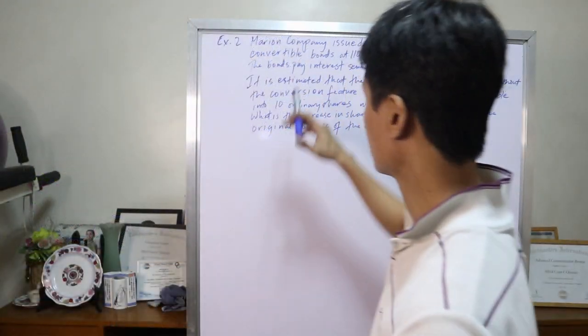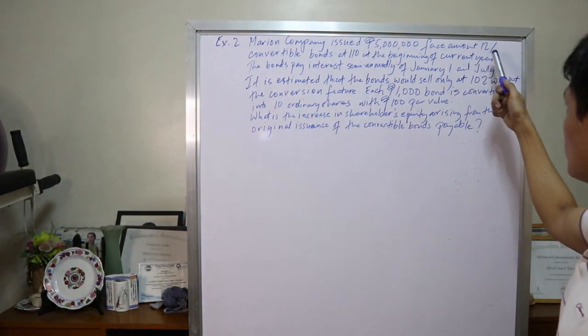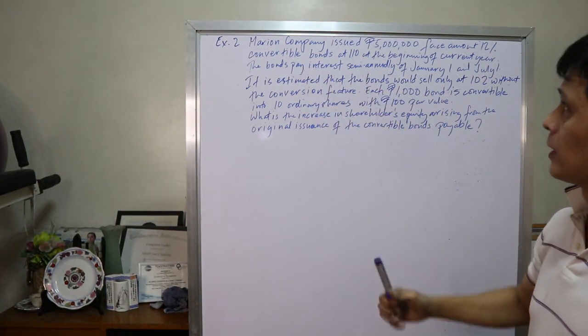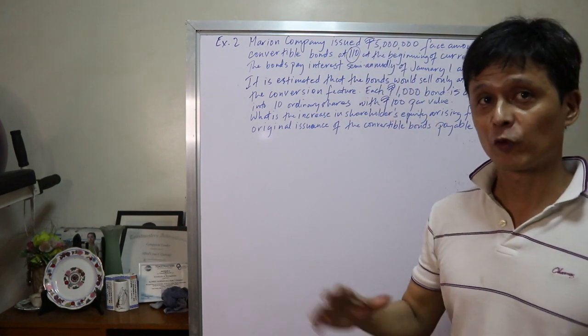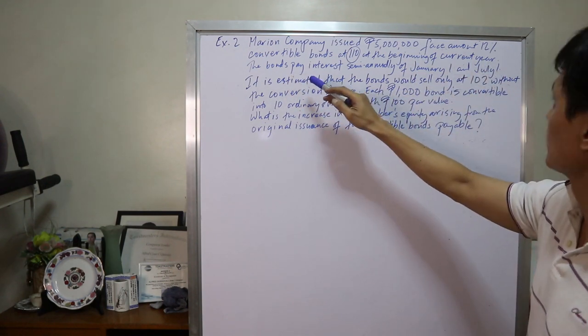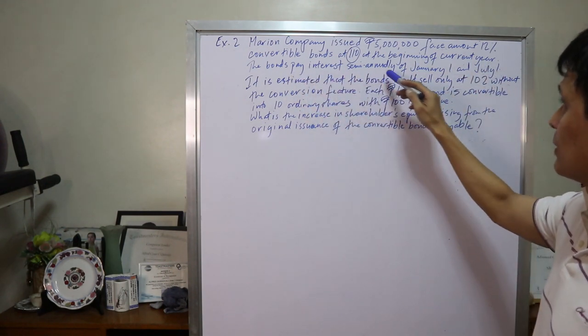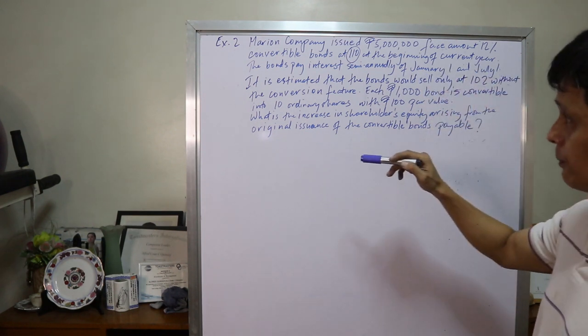Another example, no? So Marian Company issued 5 million face amount of 12% convertible bonds at 110. So this is a compound financial instrument. At the beginning of the current year, the bonds pay interest semi-annually on January 1 and July 1.